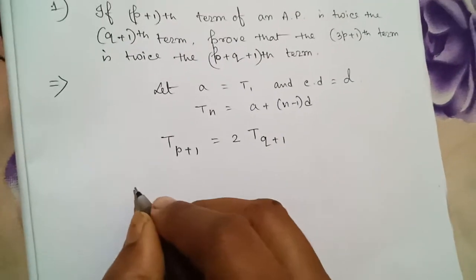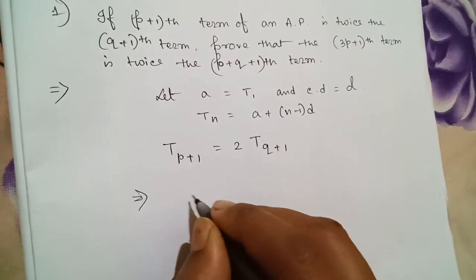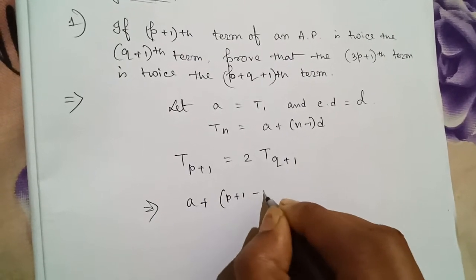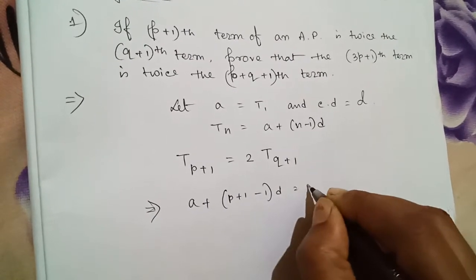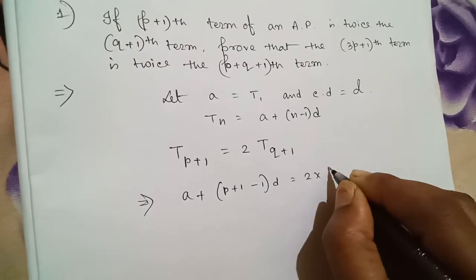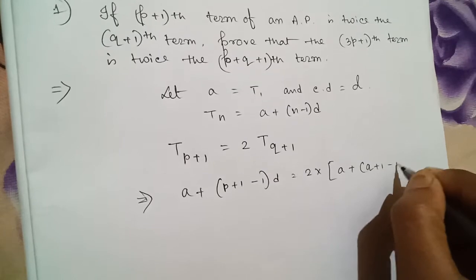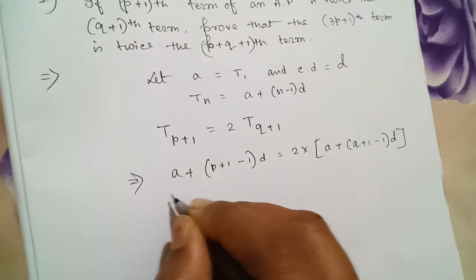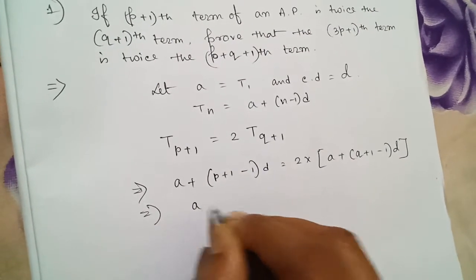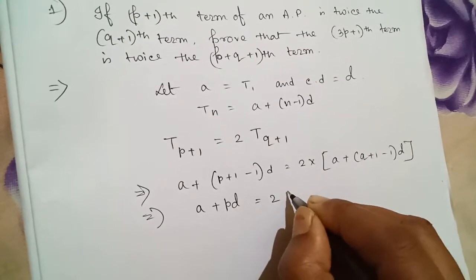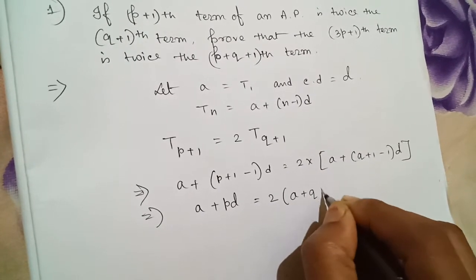If we elaborate this, we get A plus P plus 1 minus 1 into D equals 2 into A plus Q plus 1 minus 1 into D. From this we get A plus PD equals 2 into A plus QD.